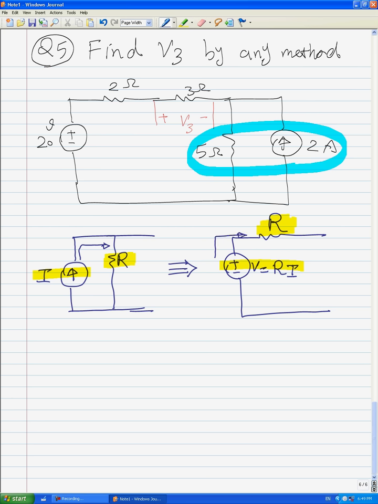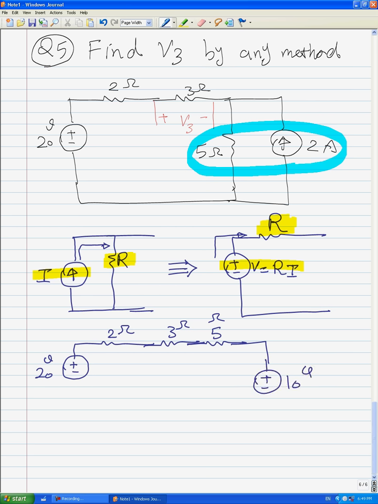That's why this circuit should be simplified to this circuit. Here we have 20 volts, and here we have 2 ohms. Here we have 3 ohms, and this 5 ohms and 2 amps should be changed to 5 ohms and 2 times 5, which is 10 volts. 10 volts here. This is the circuit after simplifying.